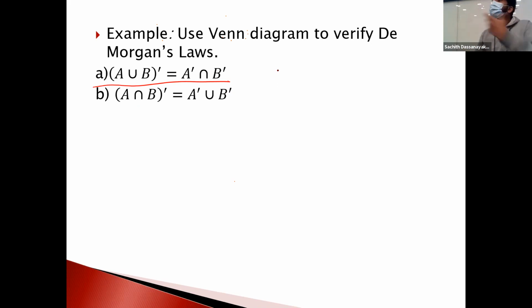Let's check the first one. I mean, the left hand side. I'm considering this one only. Oh, sorry. Here it is a dash. Let me draw it again. I'm considering this one only. So let's do this by using a Venn diagram.